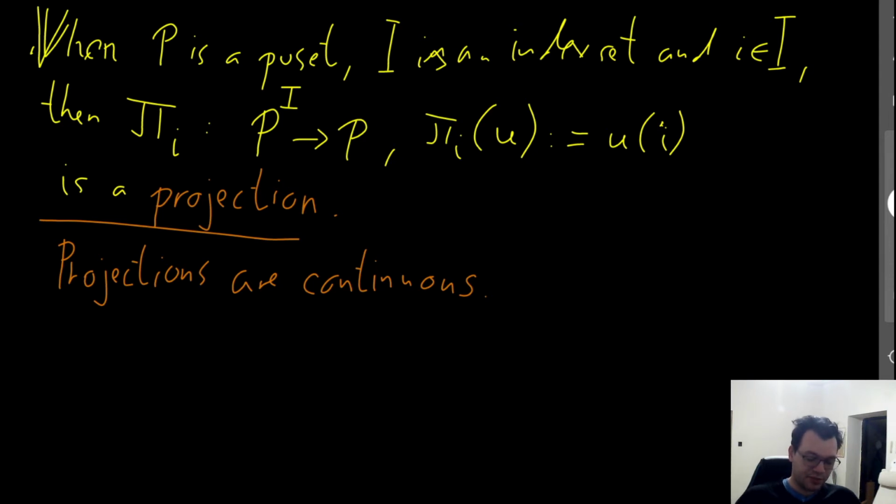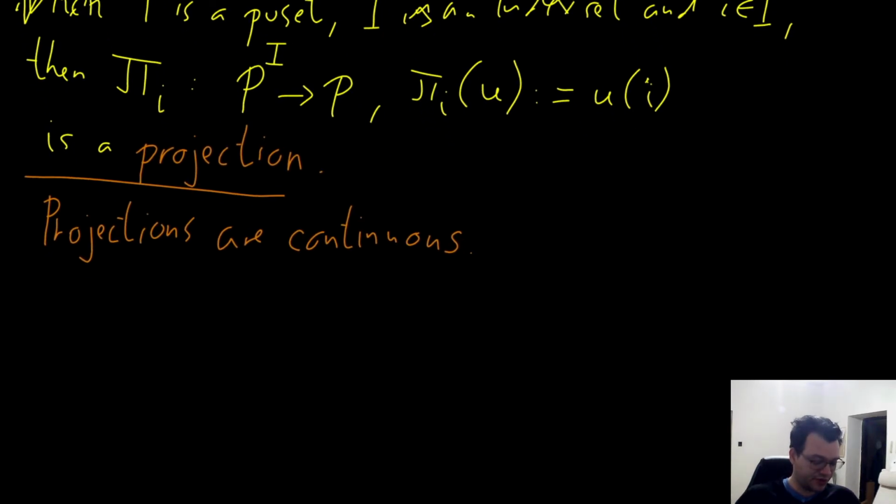So a projection is a function which gets a function and outputs a value from the range of the function. So projections are continuous. Proof. Okay.